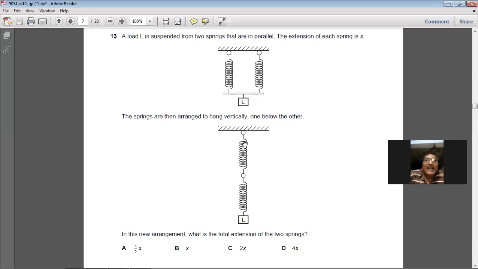So the total extension will be 4X. A little tricky question. D is the right choice. Question number 13, D, 4X is the right choice.